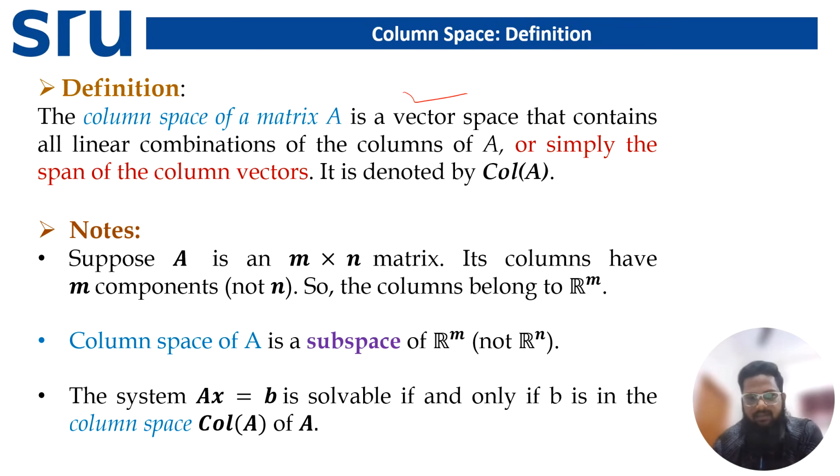set of all vectors over a field, which can be real numbers or complex numbers, satisfying 10 properties including closure, associative, distributive, identity, zero vector, all these things, along with two operations, one is addition, one is multiplication.